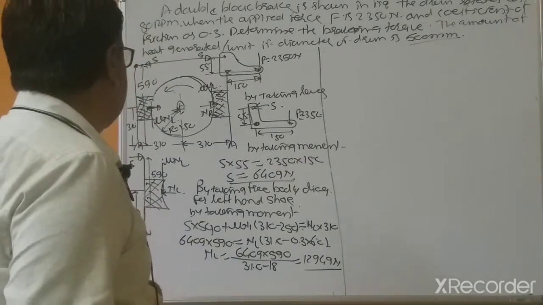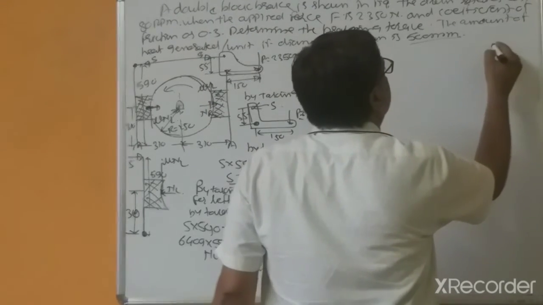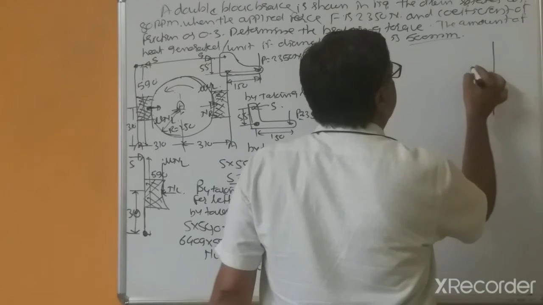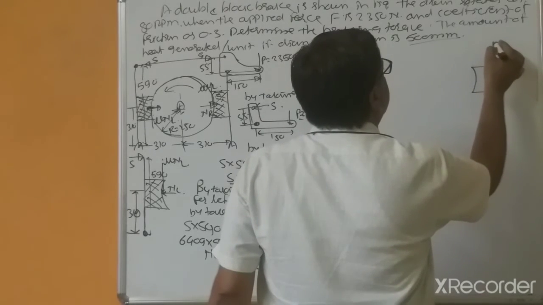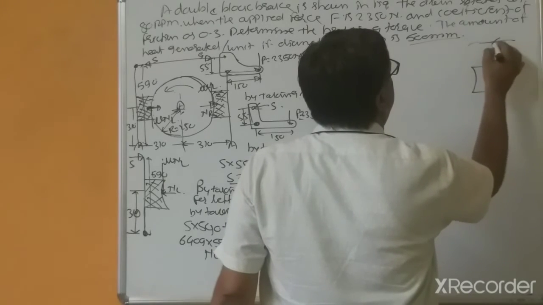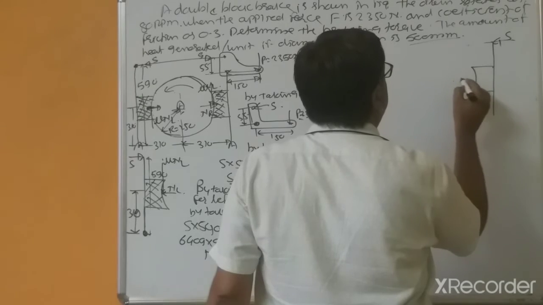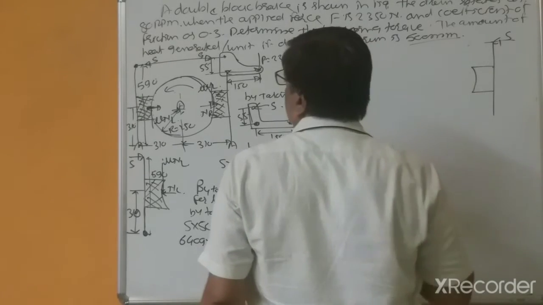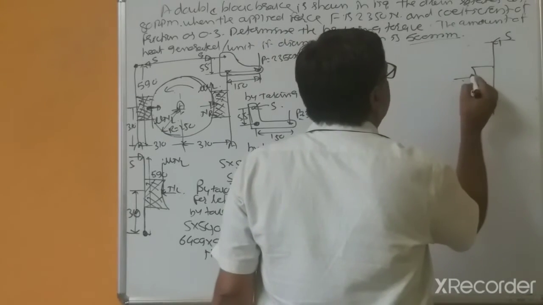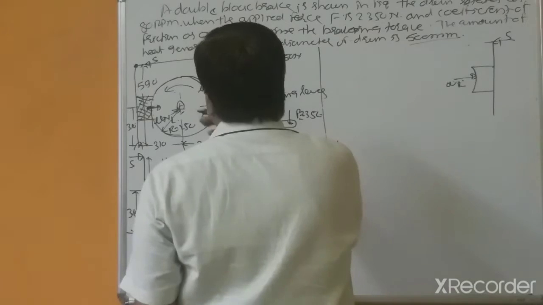So similarly, you can calculate for the right hand side of the shoe. So here this is S, means an equal and opposite force acting, S. This normal force acting, this is NR, and this is rotating.